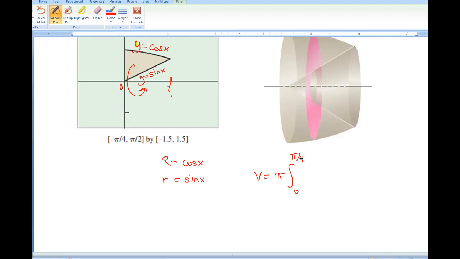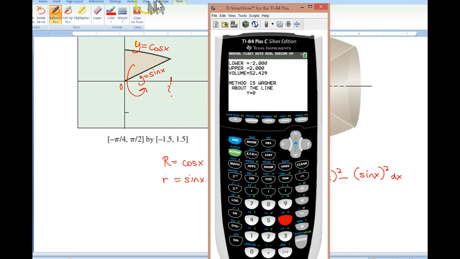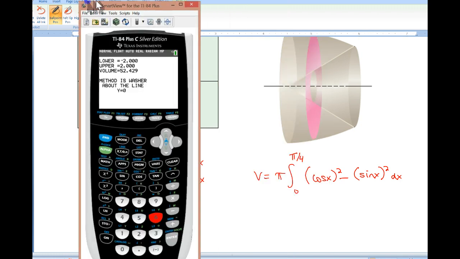You good with that? Okay, so what's my integrand look like? It's big R squared minus little r squared. So it's going to be cosine of x squared minus sine of x squared. By the way, if you use the volume program and you want to stop using it, just make sure you press 7 to quit. Otherwise your mode and everything gets mixed up. So we want to do math 9, from 0 to pi over 4.